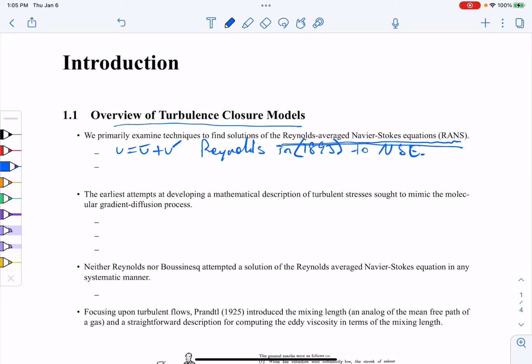It's an unsteady equation. And if it's a steady equation, you would say steady RANS. And in this class, we're going to derive the RANS equations from the Navier-Stokes equations. And of course, this just had a profound effect on everything we do in CFD and turbulence today.